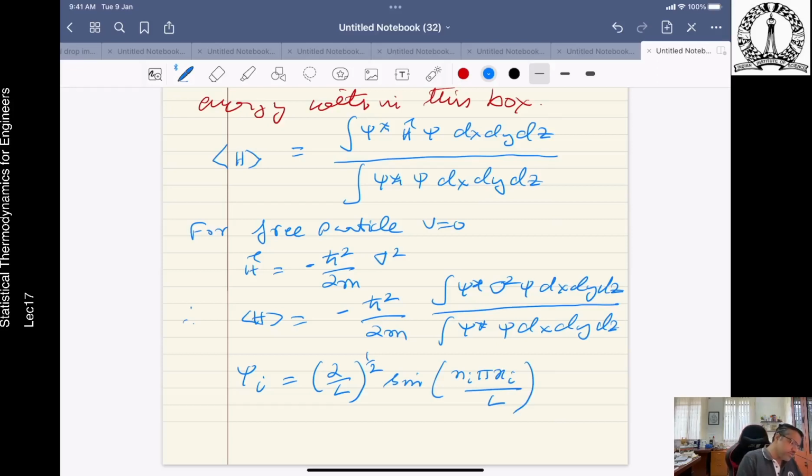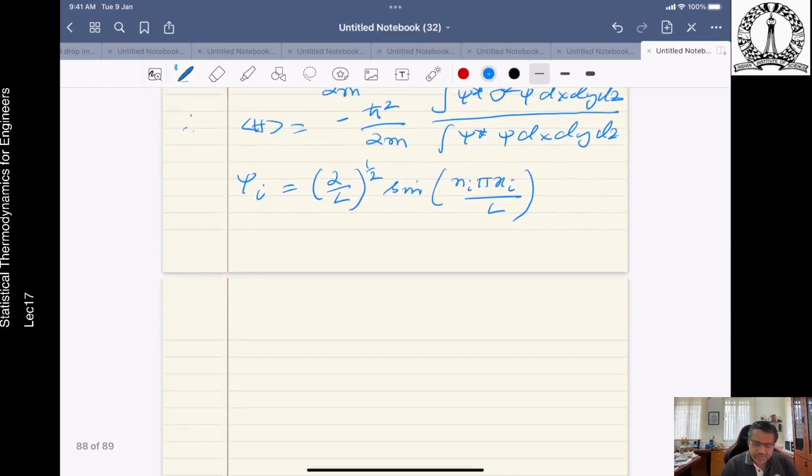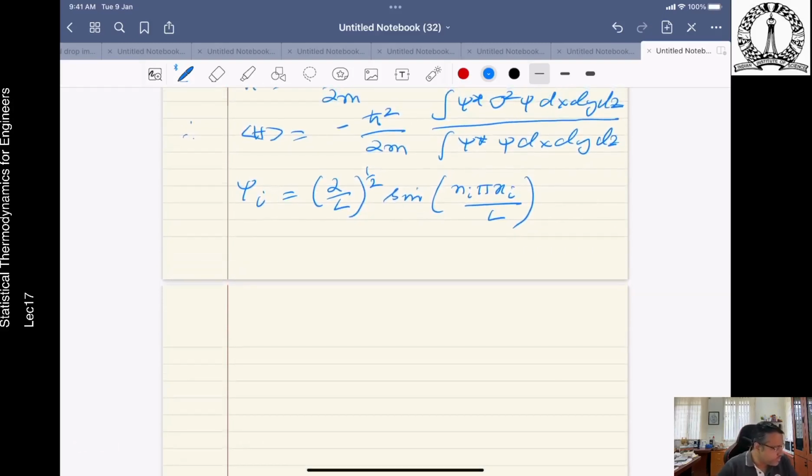This equation we already knew. This is what we found out from the boundary conditions.